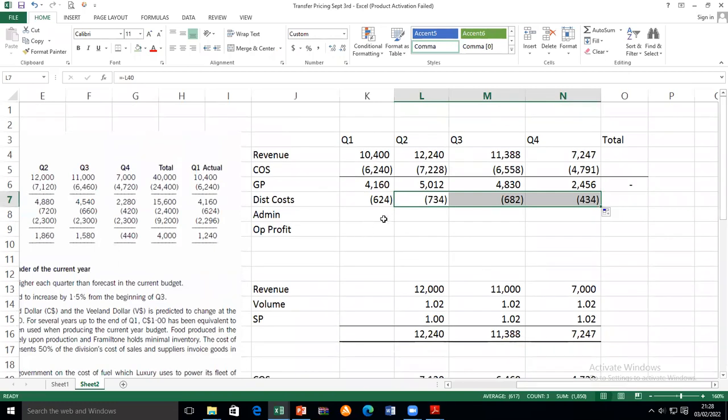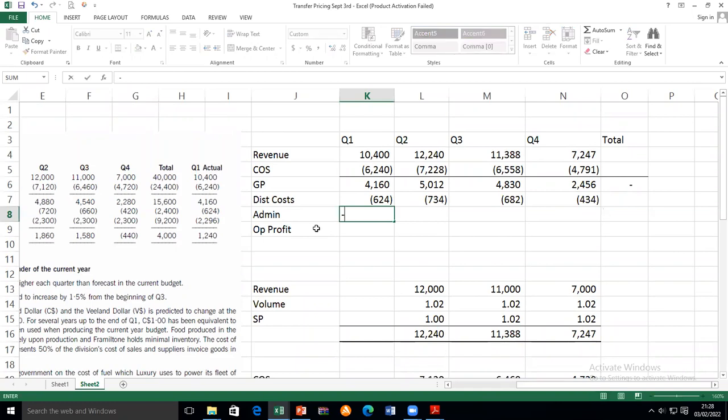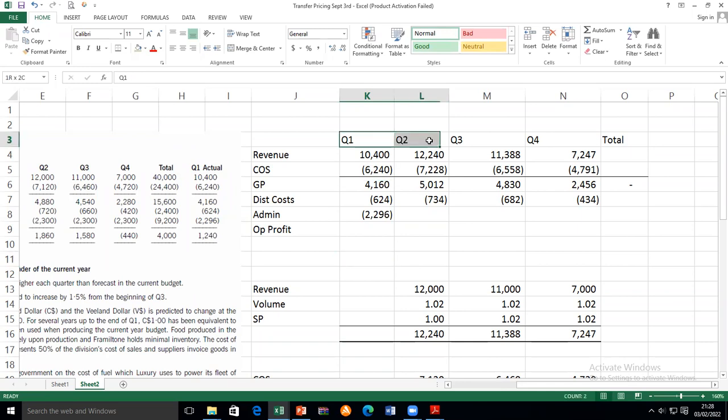Here, so this one, we put in the figure which was given, minus 2296. So that's okay. What of Q3, Q2? They say it must be 2.5% below the budget. What was the budget? The budget was 2.3.